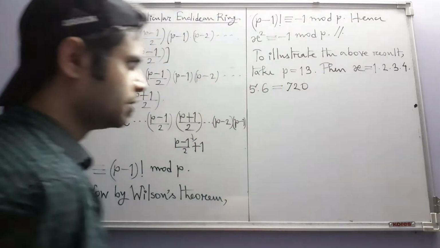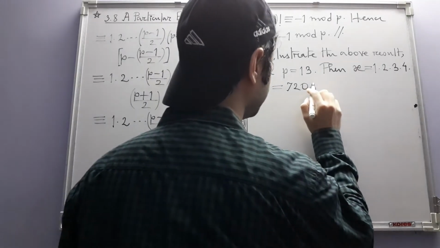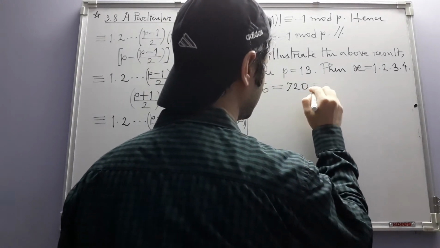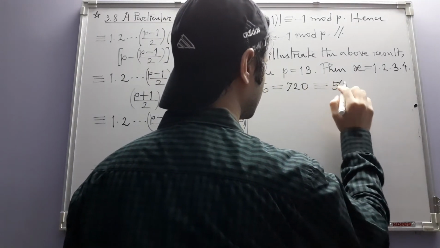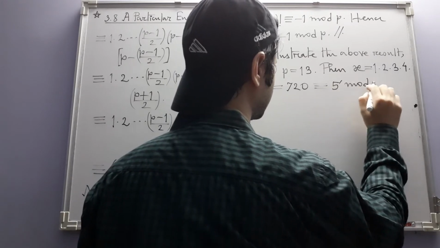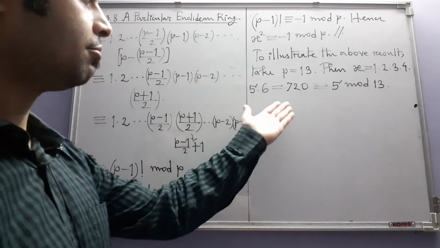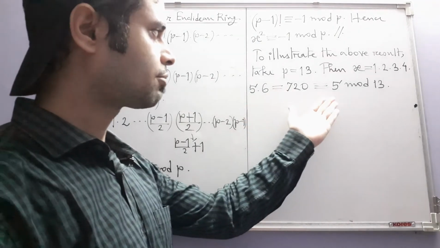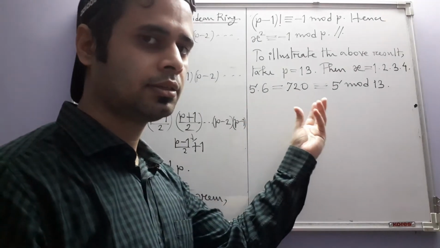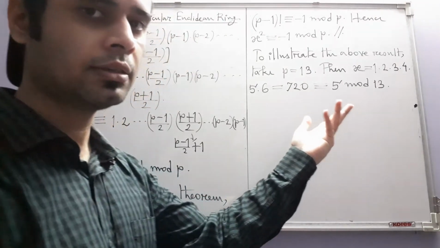If you calculate, this becomes 720, which turns out to be congruent to 5 mod 13, because you can verify that if you subtract 5 from 720, the result is divisible by 13.